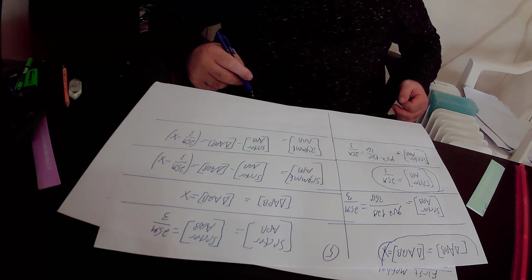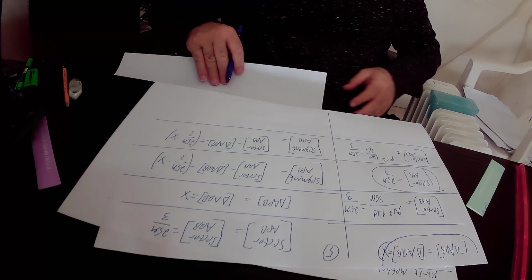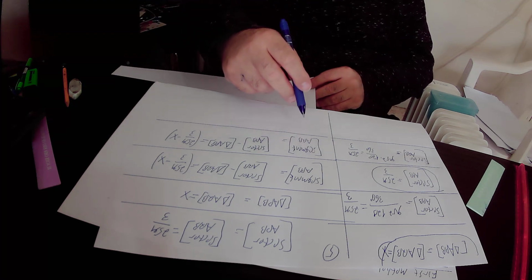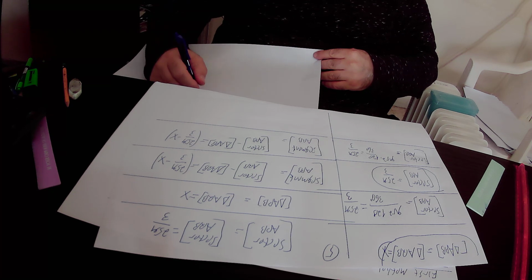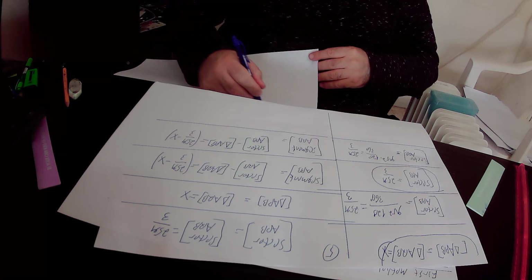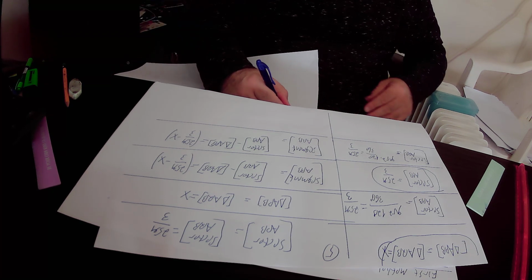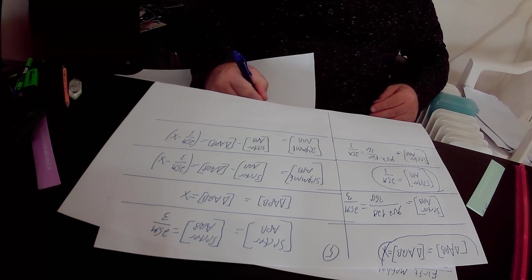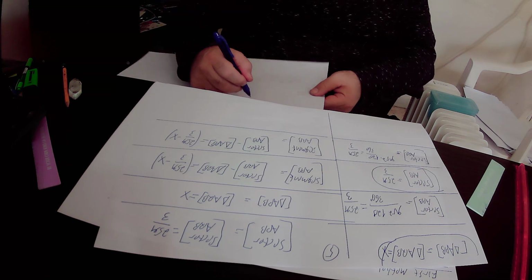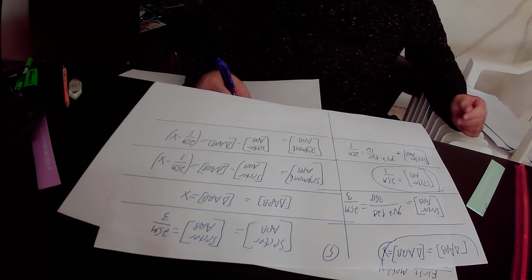Therefore, we will conclude that the area of segment APB is equal to the area of segment AQB. I will write it here, that the area of segment APB is equal to the area of segment AQB.